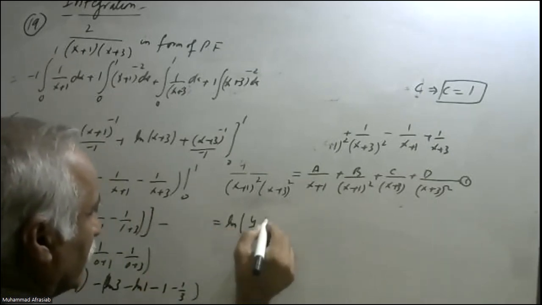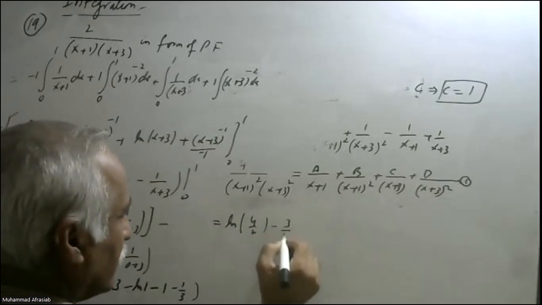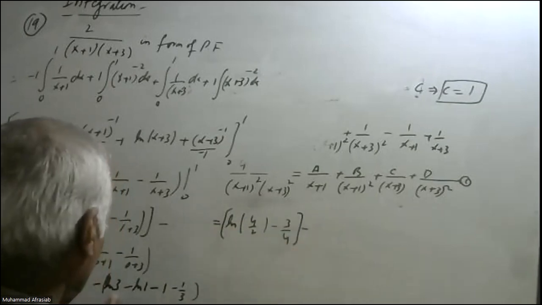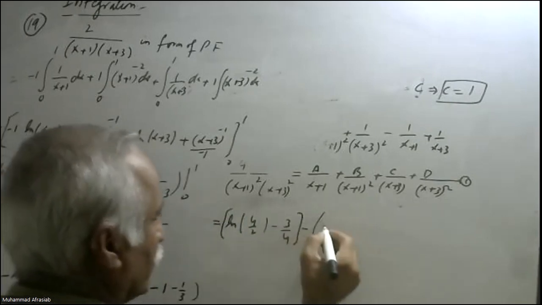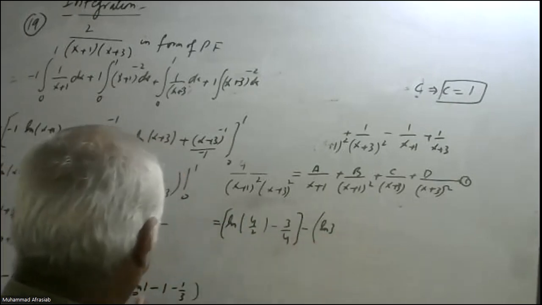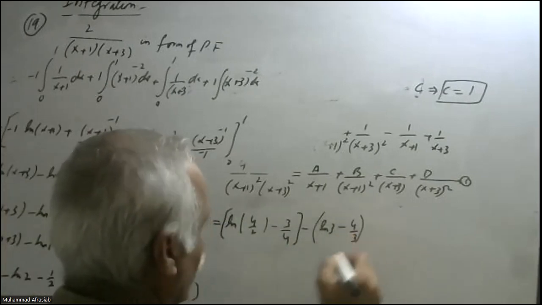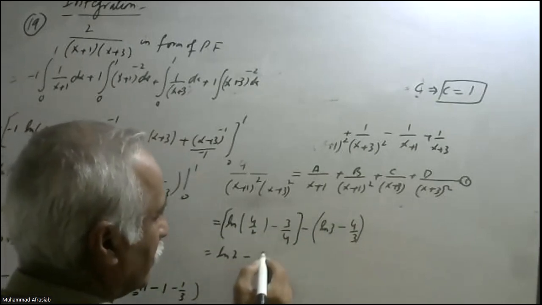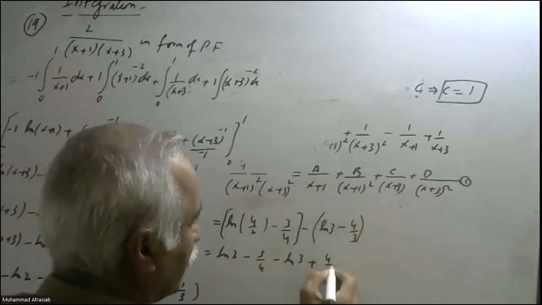So we can write it as log of 4 over 2 minus 1 by 2 minus 1 by 4, minus 3 by 4, minus log of 3 minus log of 1, which is 0 here. So it should be log of 3 minus 1 over 3 minus 4 over 3. So this will become log of 2 minus 3 by 4 minus log of 3 plus 4 over 3.